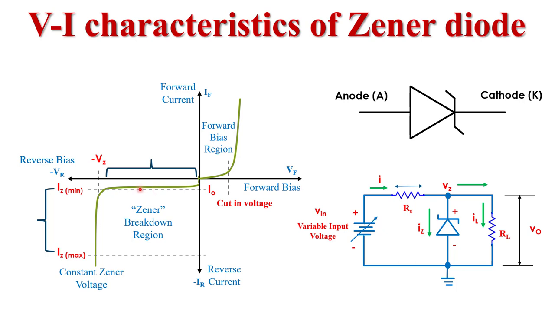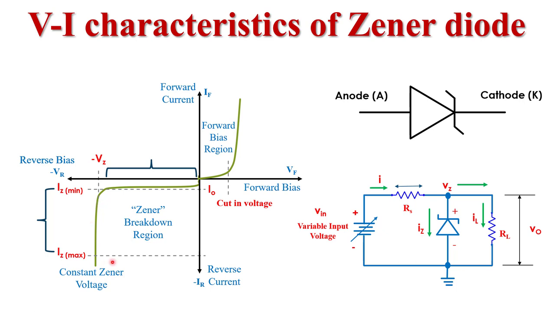When we continuously increase this reverse voltage across the Zener diode, a point comes where the junction breaks down, and a large reverse current flows across the Zener diode. At this large reverse current, a constant voltage is maintained across the Zener diode, called the Zener voltage or breakdown voltage, Vz.